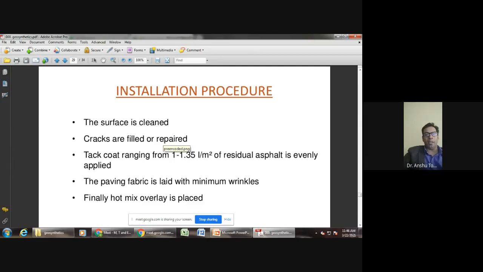So you have to fill the cracks with, you can say, either epoxy, bitumen, asphalt, or injection if your budget is quite high.